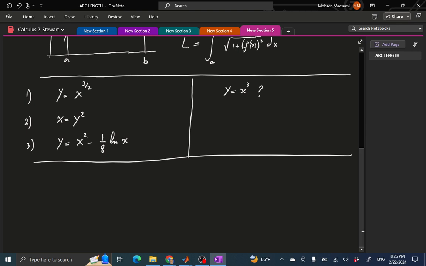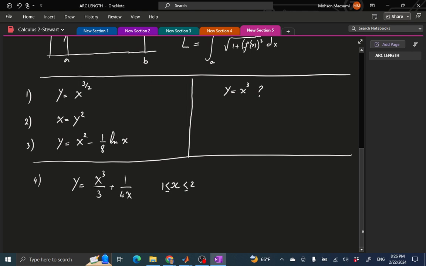Okay, let me for example start with one problem here. So here's example 4 from your textbook. y is equal to x cubed over 3 plus 1 over 4x. So this is the example function, and x is between 1 and 2.